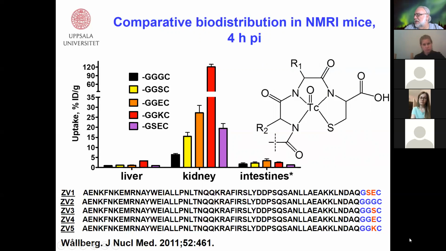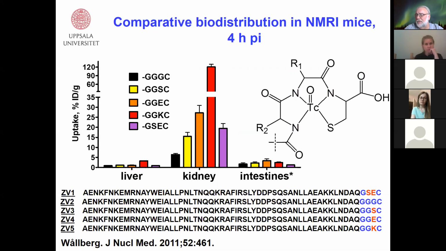And we looked also at influence of charge of amino acids: serine, polar but not charged, negatively charged glutamate, positively charged lysine. I would say that this variant mirror worked pretty well.